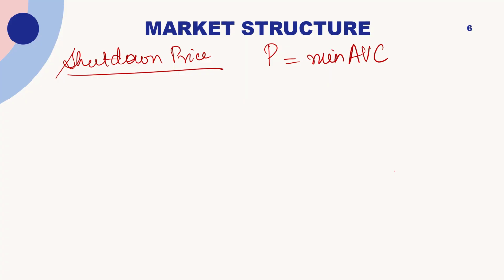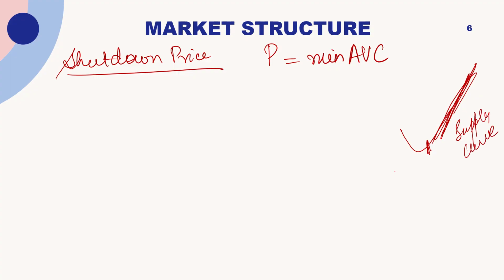Below this you can't produce. Above the shutdown point you can still produce. And please note, there is a very important point that your supply curve starts acting as your MC curve. Suppose this is your MC curve. So beyond this point, this starts acting like your supply curve. This is an important point to note.